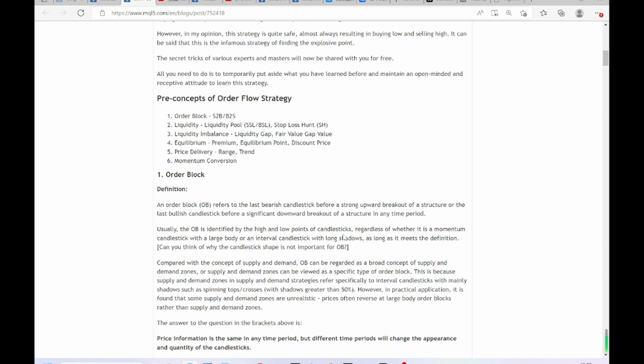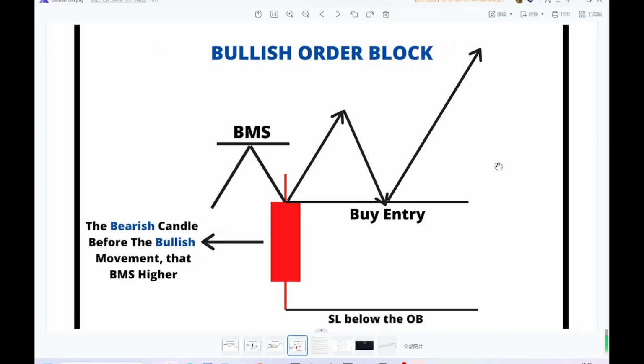Let's take a look at this picture. Bullish order block. The bearish candle before the bullish movement, that breaks higher. Price breakout. Bearish candlestick.